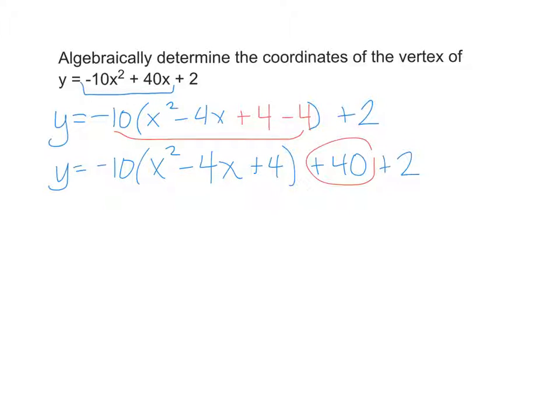So then we're just going to factor and simplify. And it's easy to factor because we know it's a perfect square trinomial because we built it. We made it so that it was a perfect square trinomial. So when you factor it, (x minus 2) squared plus 42.